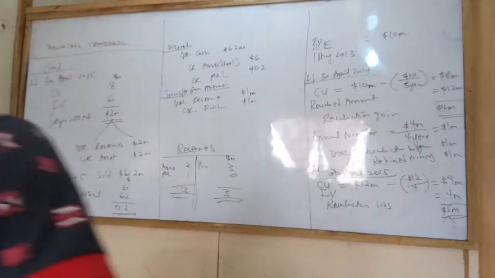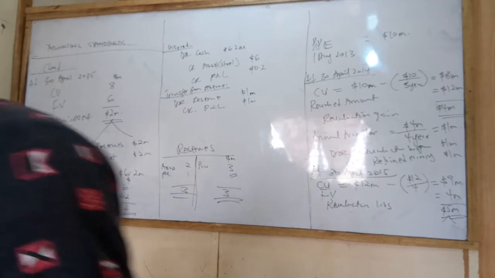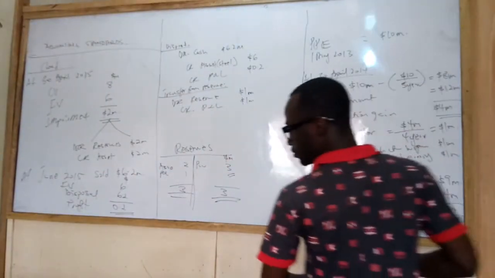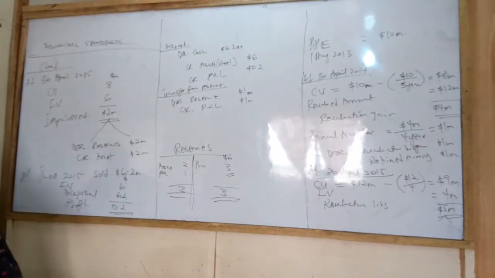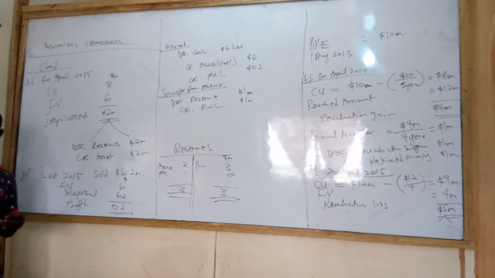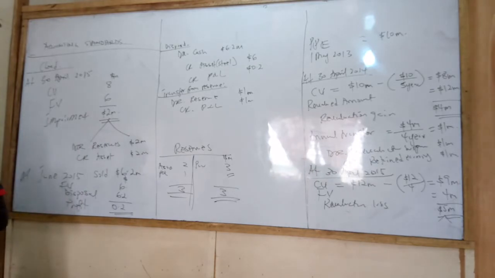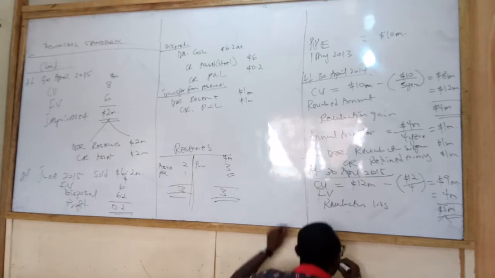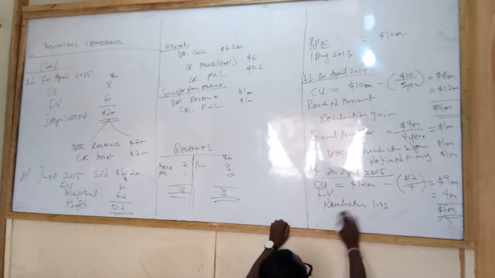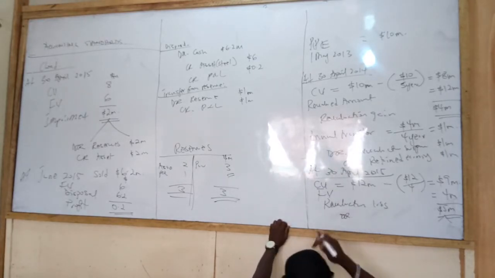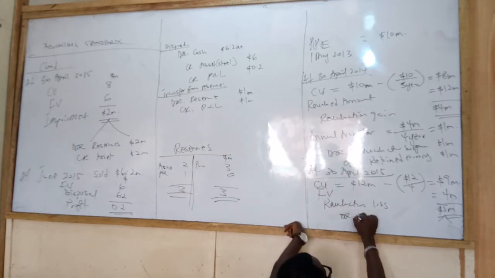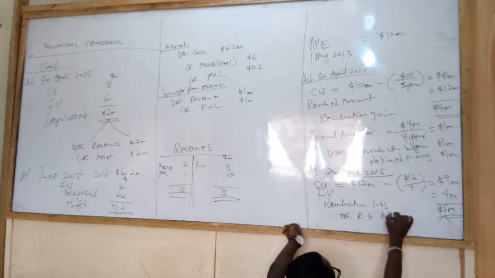This was the tricky thing. You do it. And the treatment: we debit revaluation surplus with 3 million.